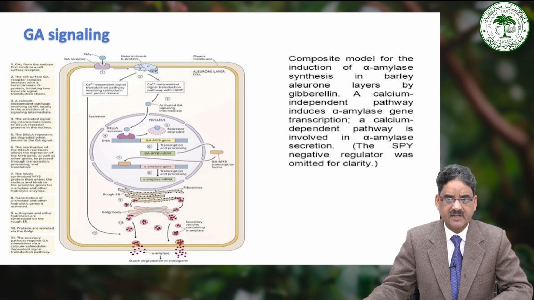Following this, it involves a calcium independent pathway wherein cGMP activates a signaling intermediate. Then the activated signaling intermediate binds to delta repressor protein in the nucleus. Following this, the delta repressors bound to the GA signal are degraded, thereby inactivating them.